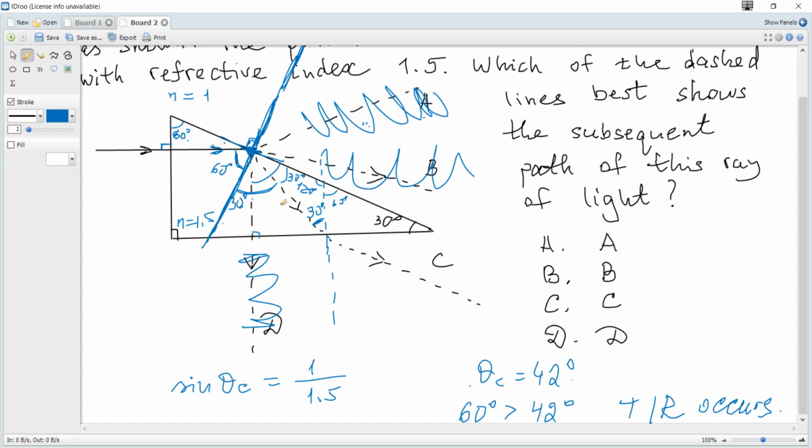You may consider the angles more clearly, but definitely there is only one remaining option, and we can answer quickly. And that's all for this problem, for this question.